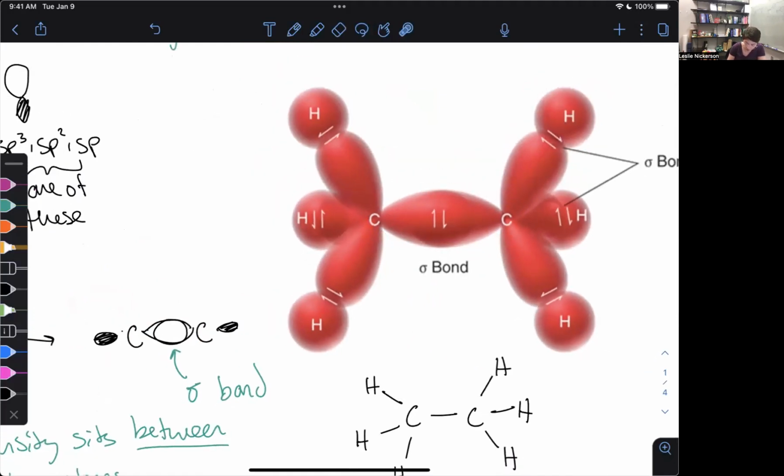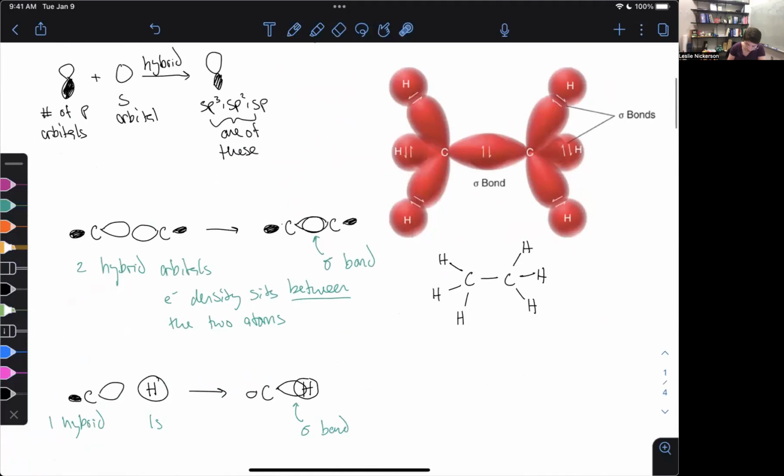And then, similar to this picture down here, we have that for each of the carbon and hydrogen bonds. Each of these is holding 2 electrons, so 2 electrons to form that sigma bond.